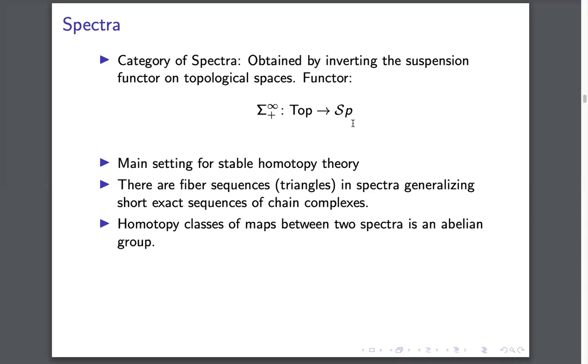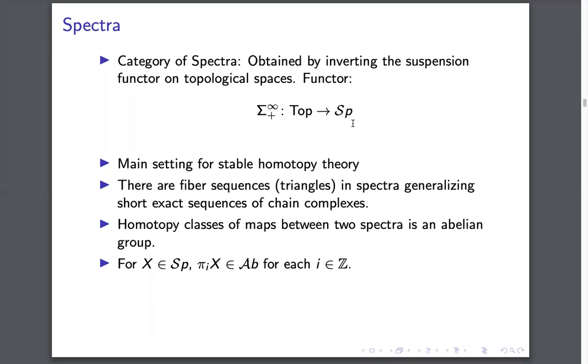For example, spectra linearizes topological spaces in the sense that the set of homotopy classes of maps between two spectra is an abelian group in a canonical way. And in particular, for each spectrum, we have a notion of a homotopy group, which is defined for each integer.